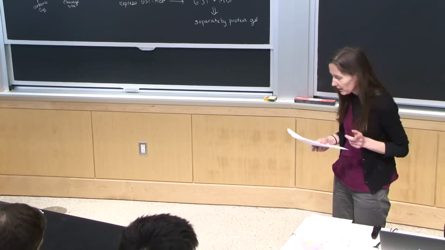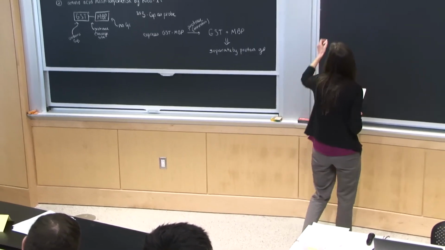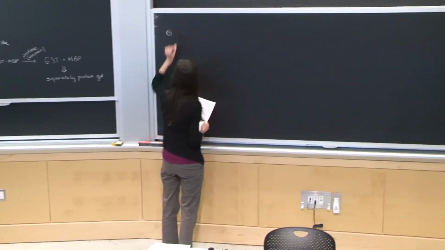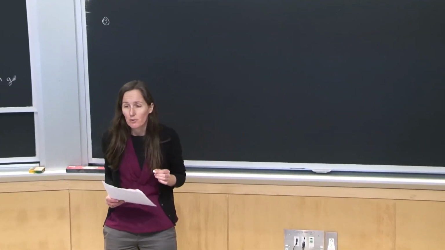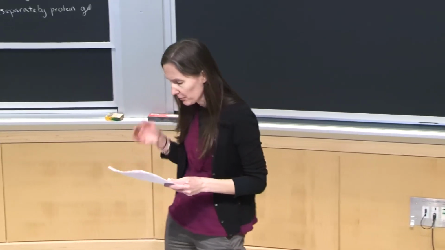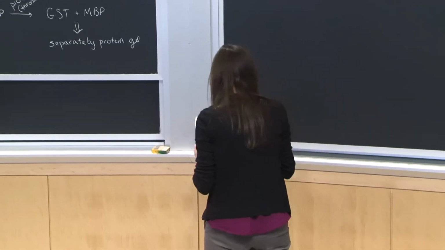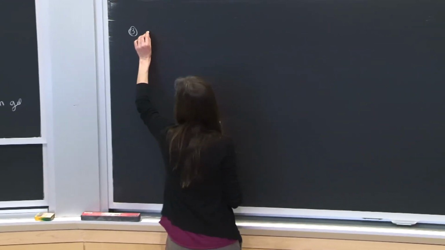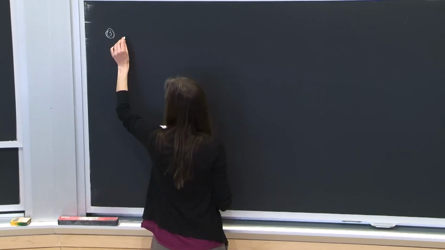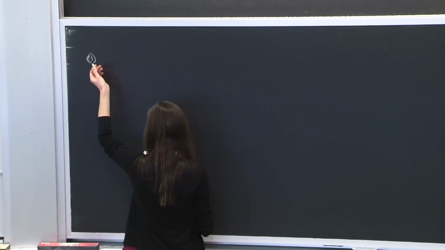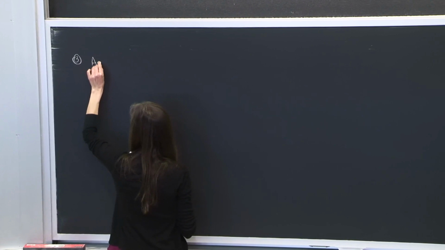So the last experiment we're going to look at is asking the question, does Ribo-X actually do a better job than the progenitor ribosome? So what we want to look at is the efficiency of suppression of the amber stop codon.